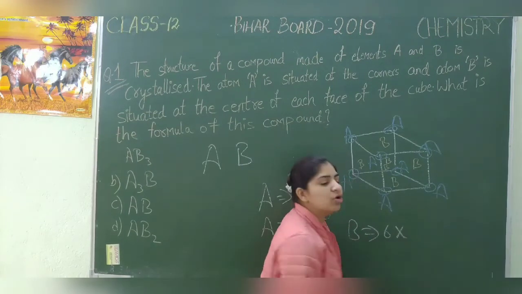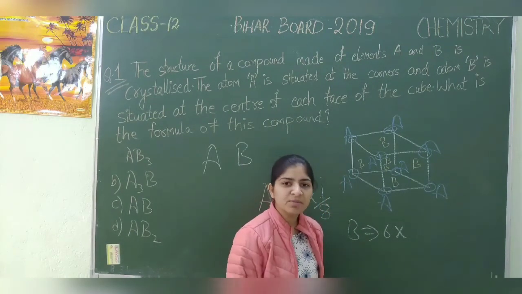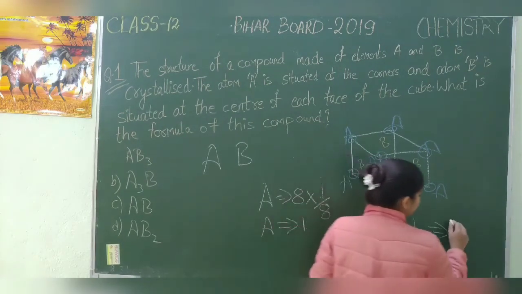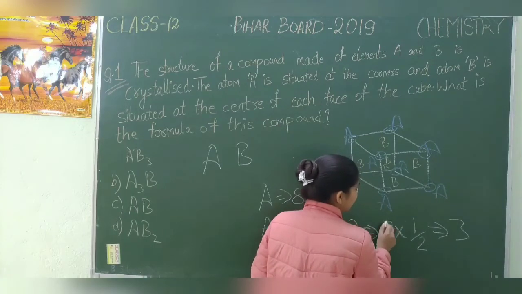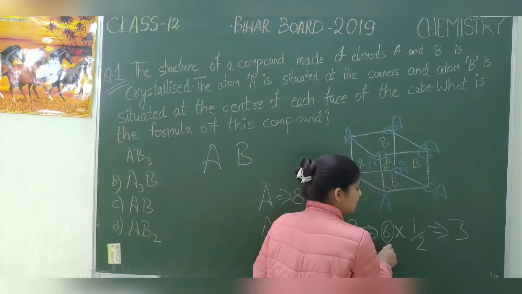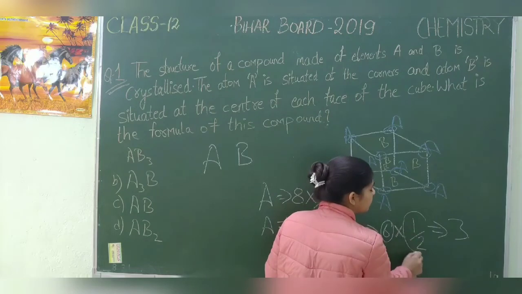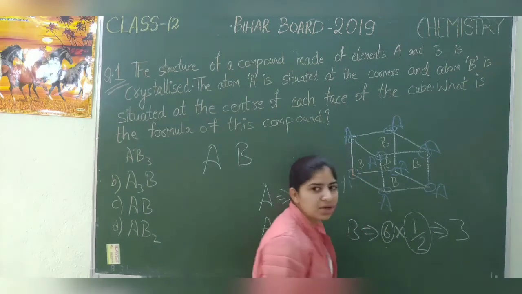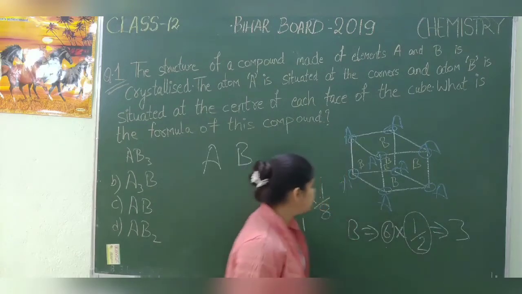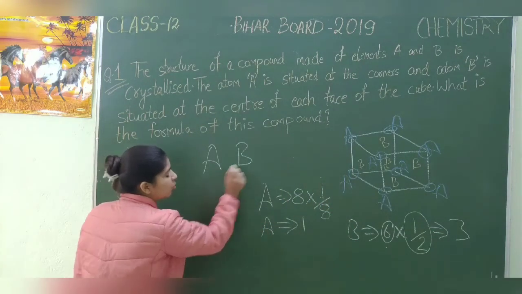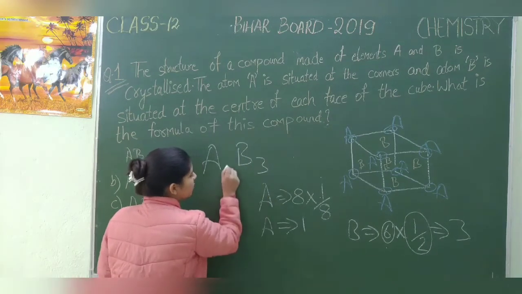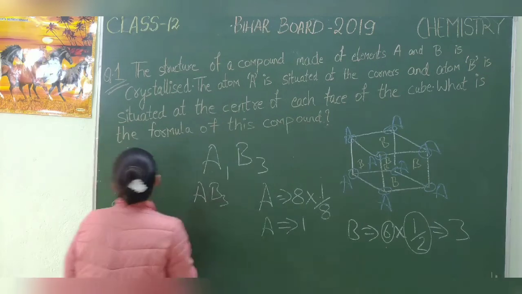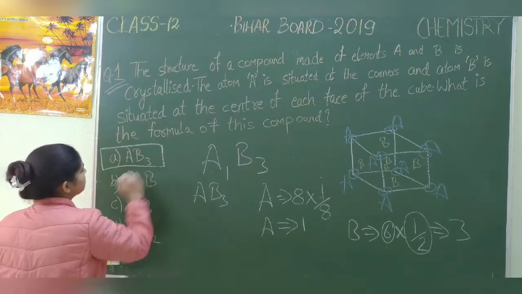And the contribution of one atom in one cube is half. So B will be 3. The contribution of atom at the center of the face will be half. So B becomes 3, and the formula of compound is AB3. A1, B3. So it becomes AB3. So A is our answer.